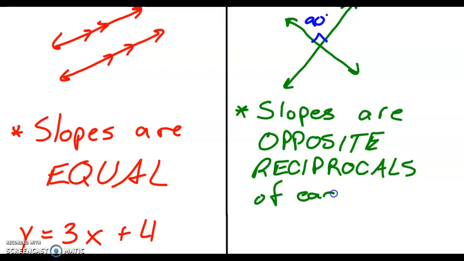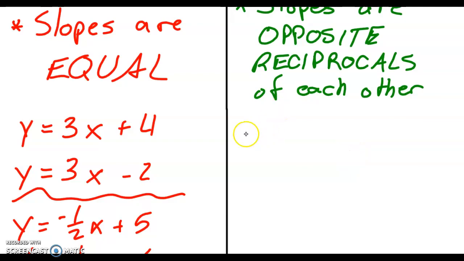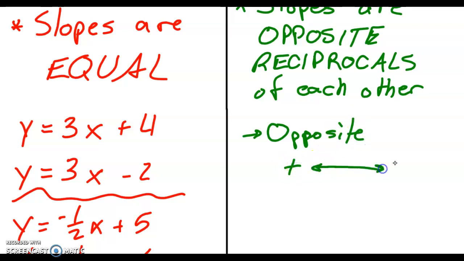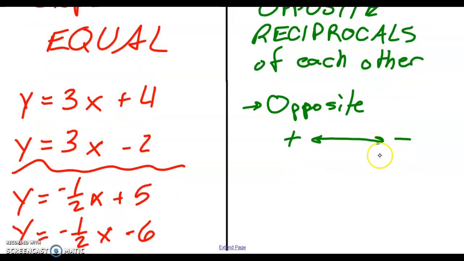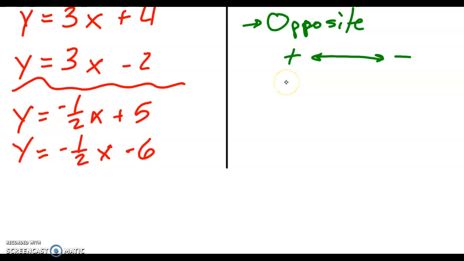So what are opposite reciprocals? Well, opposite means that you're flipping the positive and negative. If it was positive, it turned to negative. If it was negative, it turned to positive. So the word opposite refers to the positive and negative of a number. Now the reciprocal is the tricky part here.